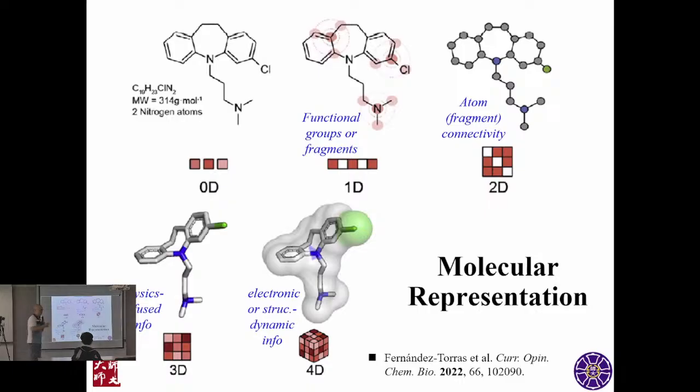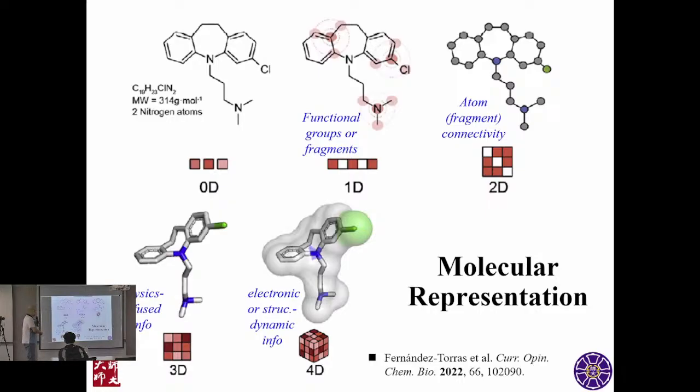So it's a 2-dimensional array. You don't actually need to know the 3-dimensional structure, because we write the Lewis structure and we know how atoms are connected to each other. So we can count the number of bonds between any 2 atoms, and then we can store this information in the matrix. So it's 2-dimensional. That matrix would be the fundamental information provided to the graph network to do the advanced machine learning application as introduced by Kenny earlier.